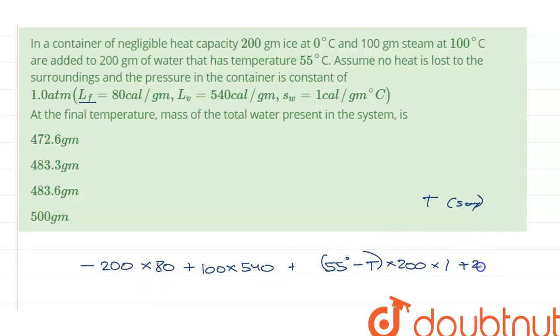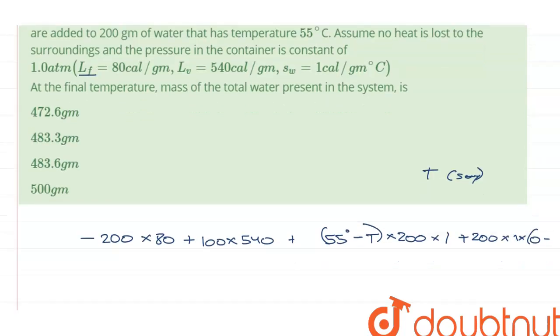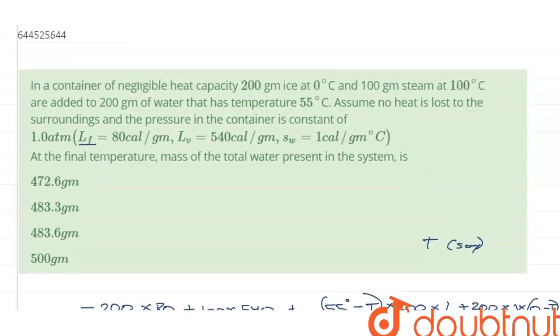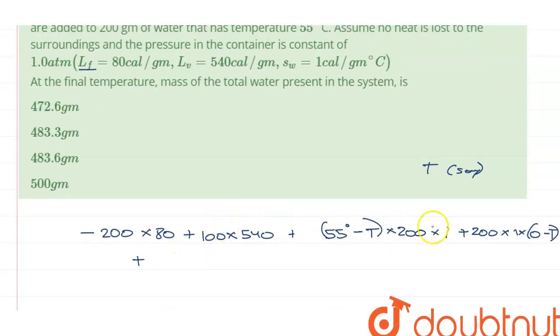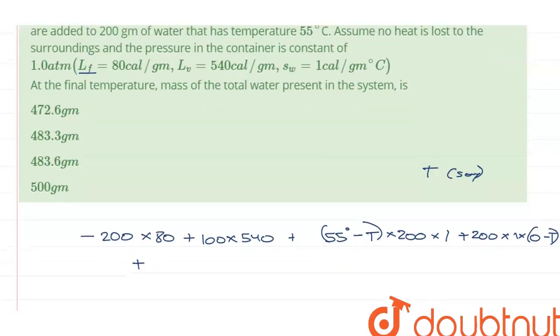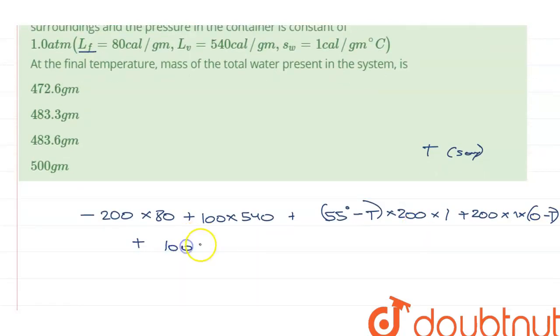So 200 into 1 into 0 minus capital T, plus the water obtained from the steam. That would be 100 grams into 100 minus capital T into 1. This should be equal to 0.